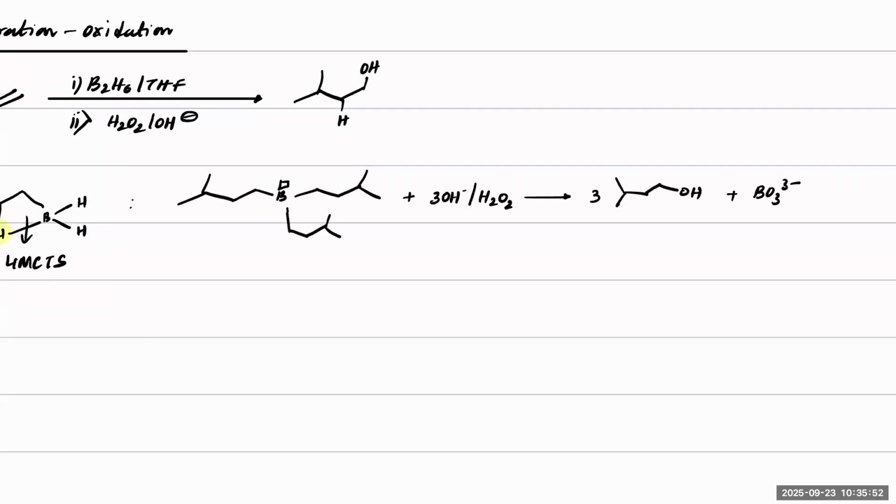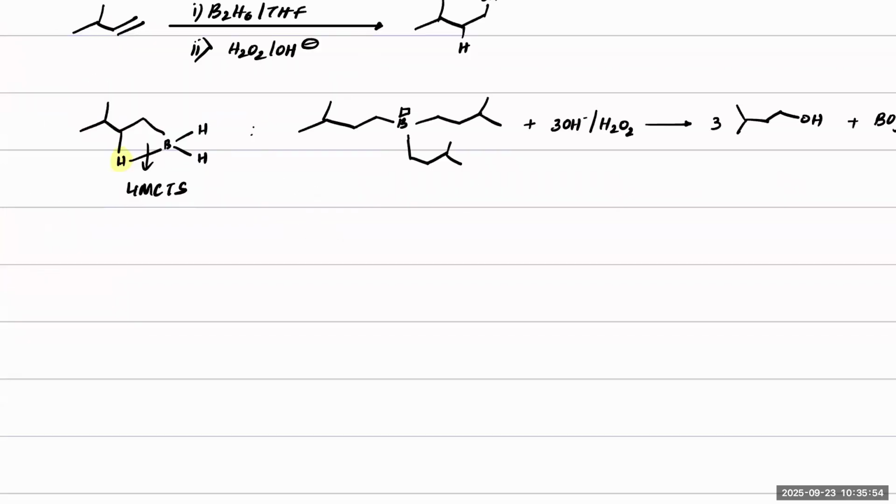These are the products you will get. Interesting thing you need to notice here is this alkyl boron R3B. If you react that with H2O2 in the presence of OH minus, that will lead to formation of alcohols.